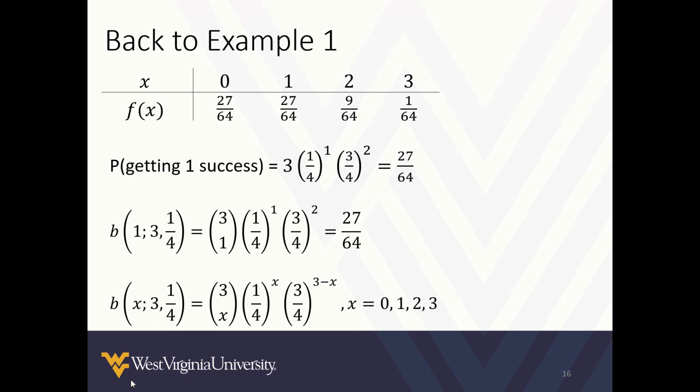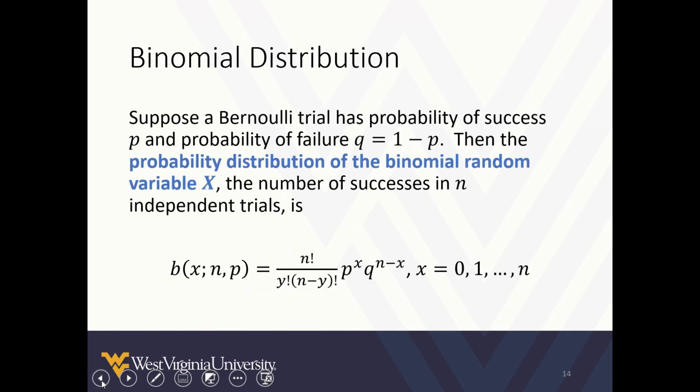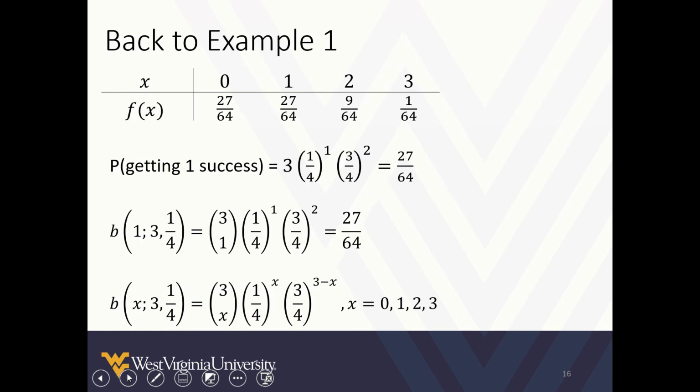Well, if we think back to our previous slide, it was n factorial all over x factorial multiplied by, in parentheses, n minus x factorial multiplied by p to the x multiplied by q to the n minus x. So let's break that down. I'm going to take a second to rewrite that formula so we can have it for our reference.